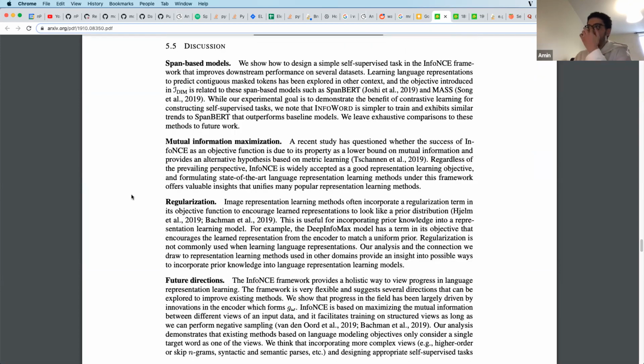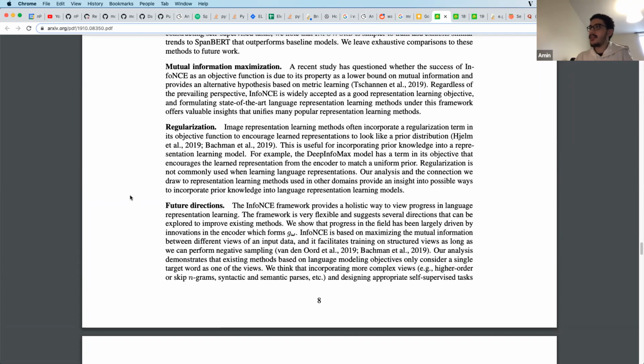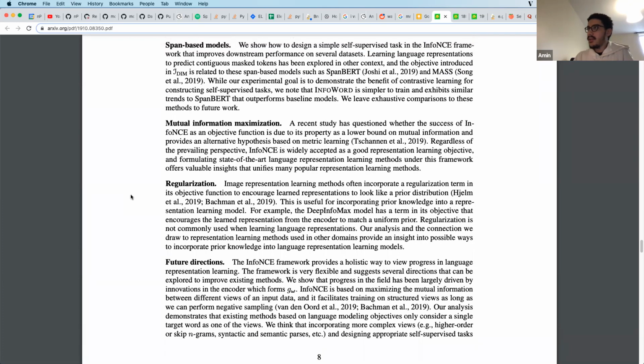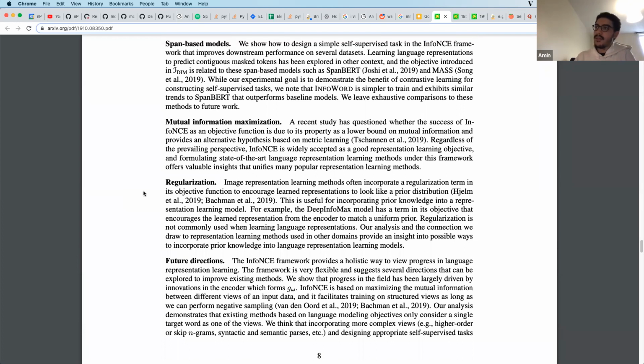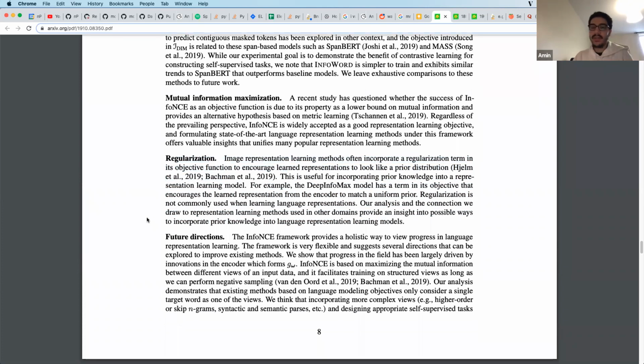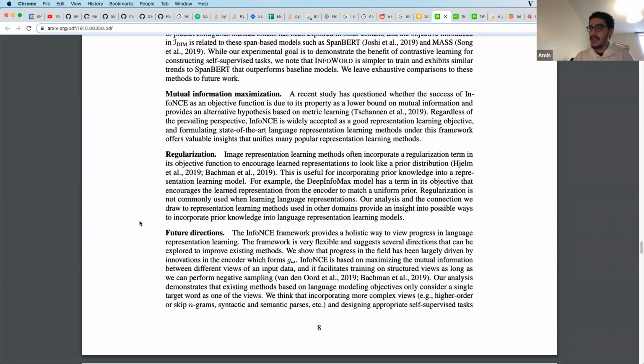As far as the discussion section here, I don't think I had anything to say other than I guess we can wrap up the paper by saying that they present these methods and unify them under a framework, and this framework is quite flexible.